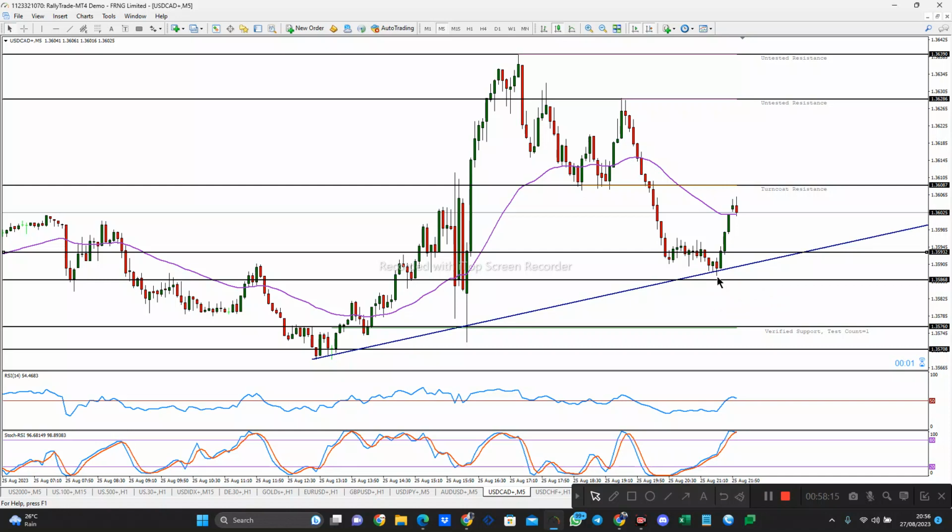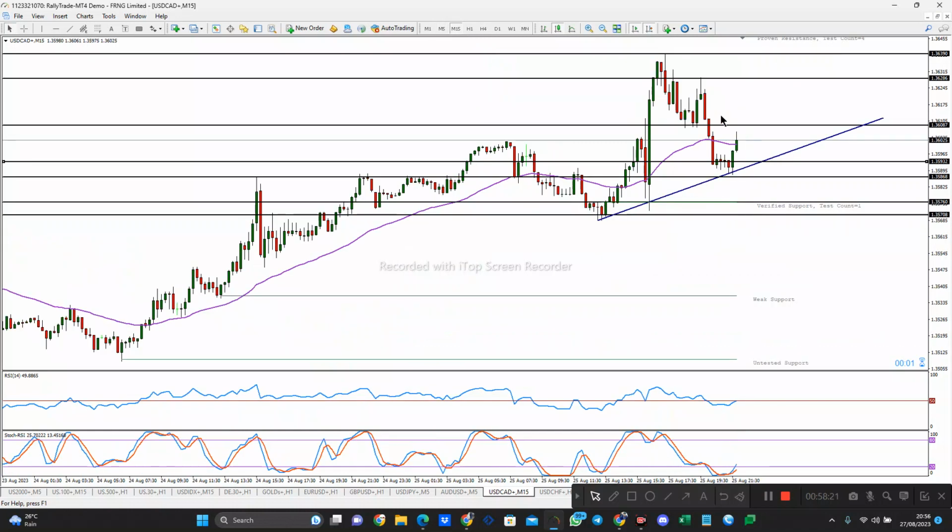I'll lose a little amount of money as opposed to buying when it goes above this resistance. And like I always say, I don't think it's good practice to buy above a resistance or sell below a support. No, you want to be buying from a support, and you want to be selling from a resistance.